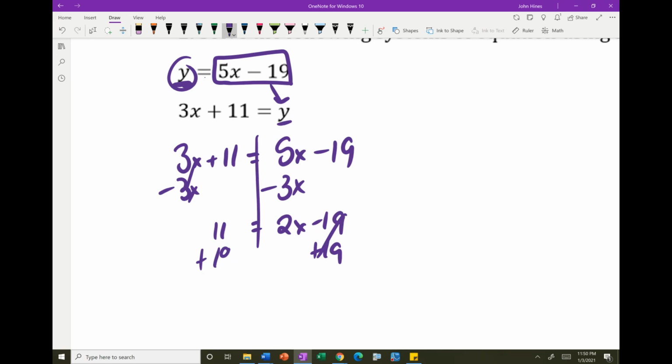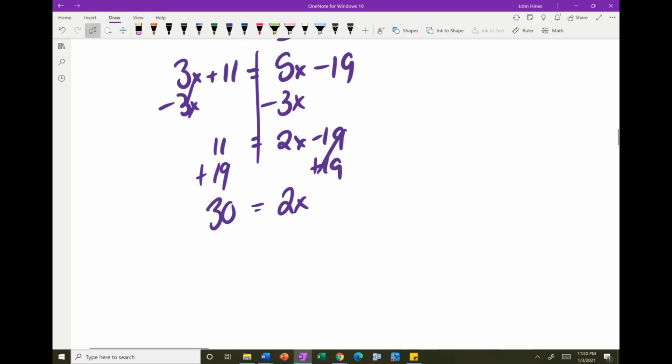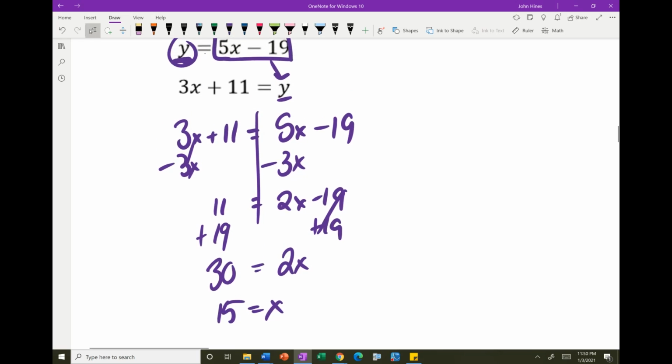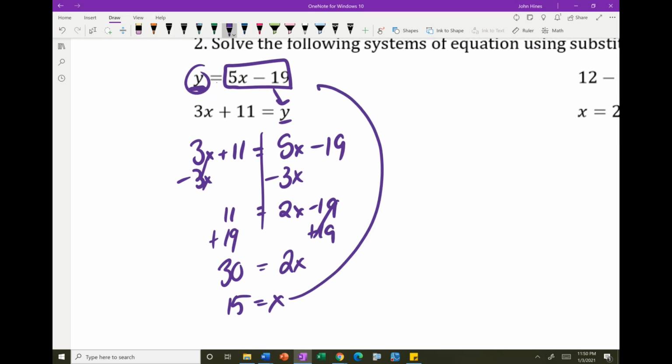I got to get x by itself, so 30 equals 2x. Well, what times 2 gives me 30? Well, that would be 15 equals x. But I haven't finished solving the system yet. That's the x value I've got to plug back in to get y. So y is 5x minus 19.